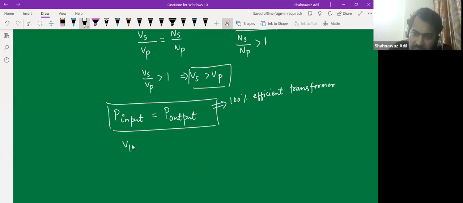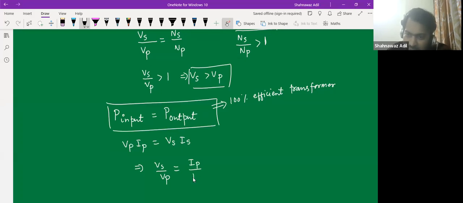So I know that V input would be how much? That would be Vp Ip, and this is equal to Vs Is, right? Then this Vs by Vp would be equal to Ip by Is, right?